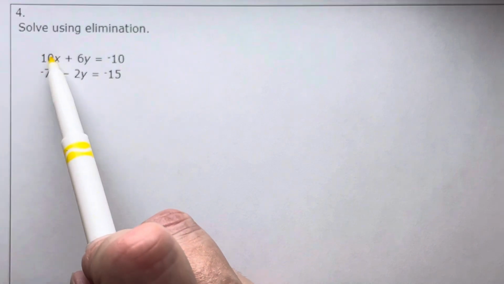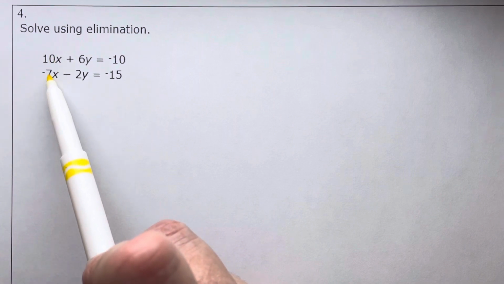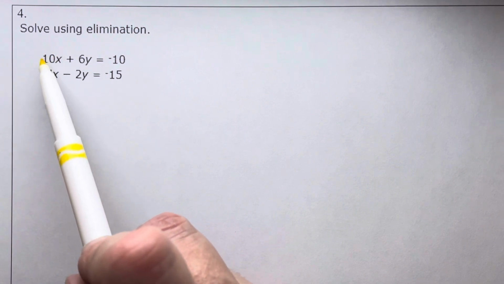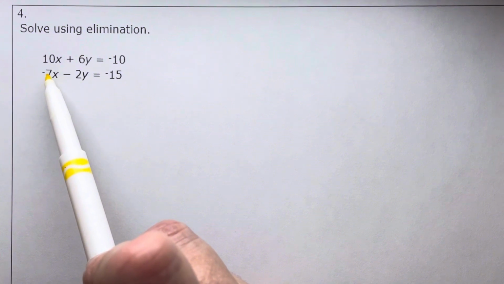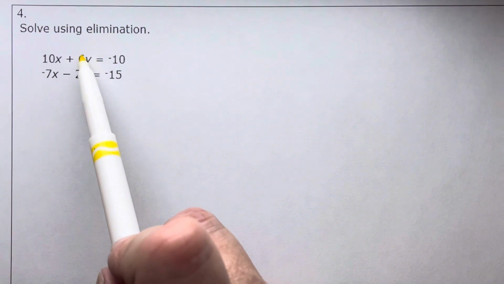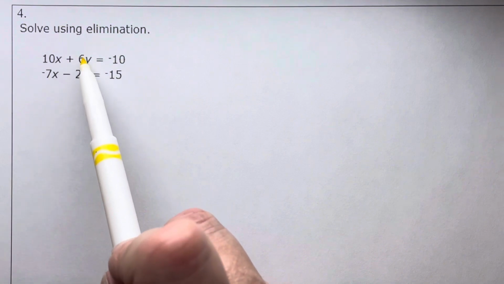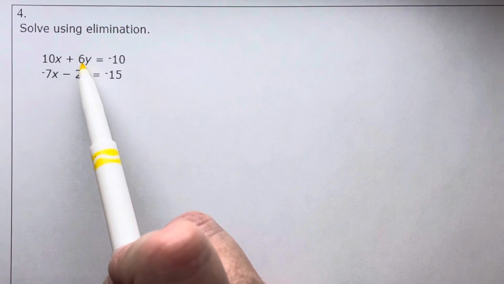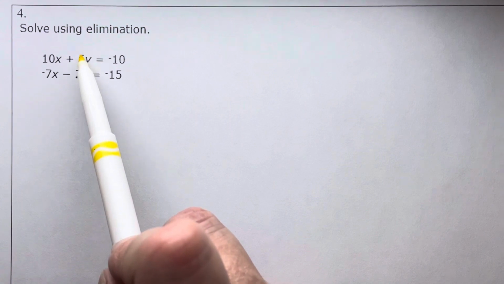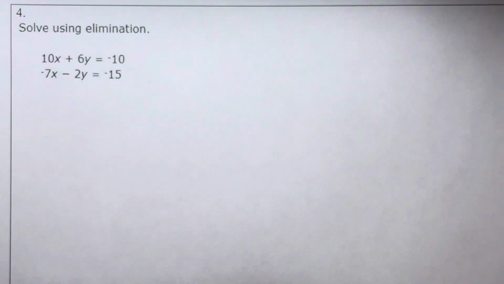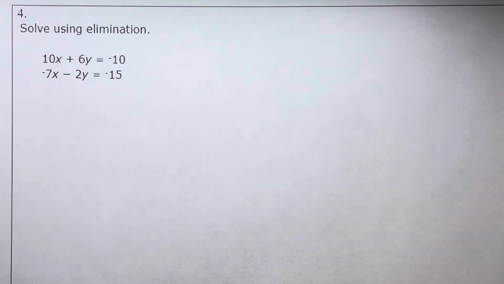10 and 7, there's no quick way to adjust one of those so that they'll both match by multiplication. However, with the y's, we can multiply 2 times 3 to make 6. And then we'll have a positive 6 and a negative 6. So let's do that.